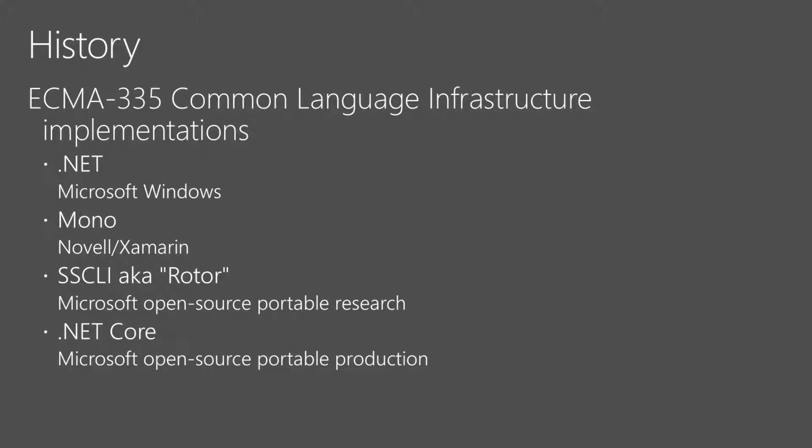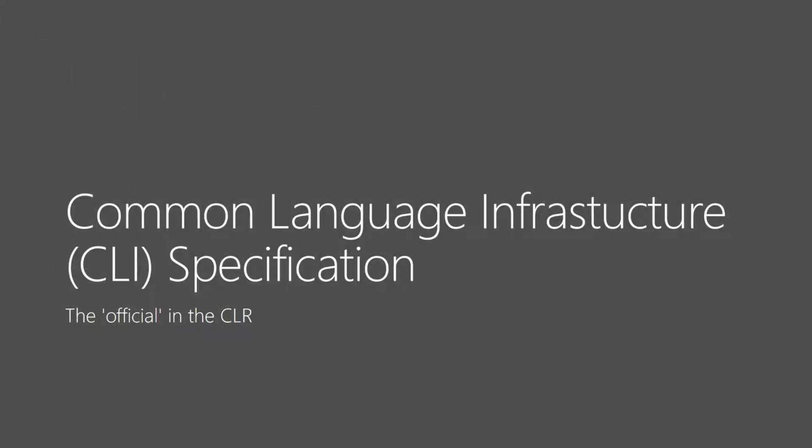The key thing to understand here is that there have always been multiple .NET implementations, and again, to use the terminology precisely, there have been multiple common language infrastructure implementations, and that's the important thing. This is not new ground when we start talking about .NET Standard and its capabilities.